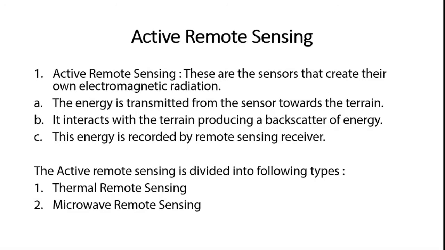These are the sensors that create their own electromagnetic energy. That is, the energy is transmitted from the sensor towards the terrain. Now it creates its own energy. Let me explain first: for example, in your day to day life you use a mobile camera.